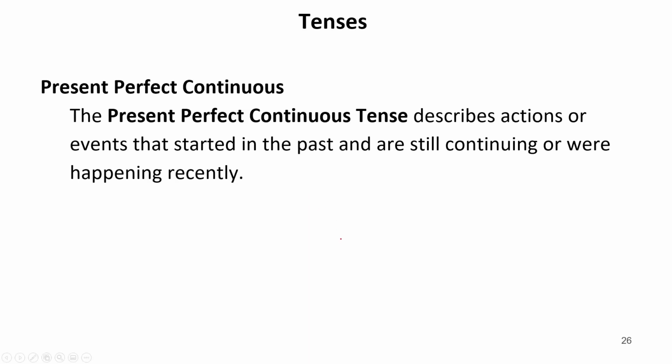Now we have present perfect continuous tense. Present perfect continuous tense describes actions or events that started in the past and are still continuing or were happening recently. It means some actions that started somewhere in the past and are still in process. These types of actions are written in present perfect continuous tense.